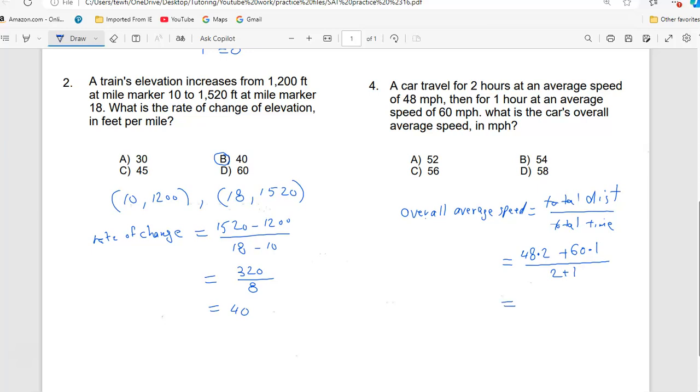So what we have now is 96 plus 60 over 3. We have 156 over 3, and that's going to give you 52. So the answer is choice A.